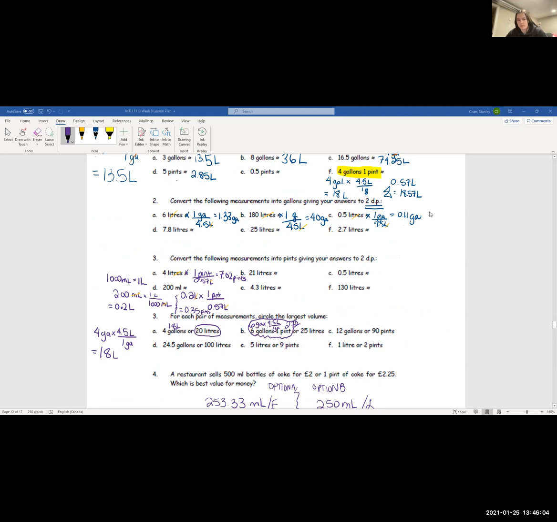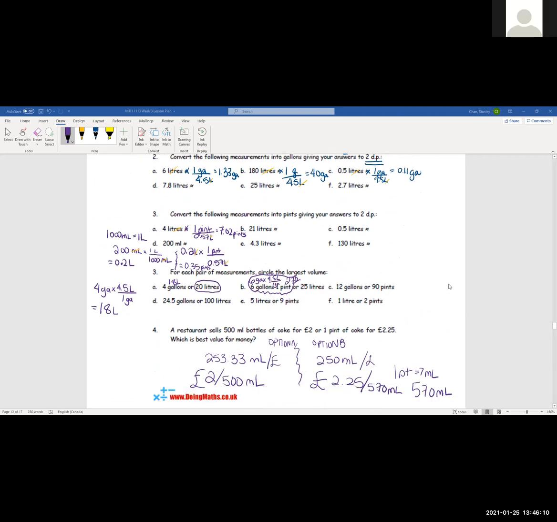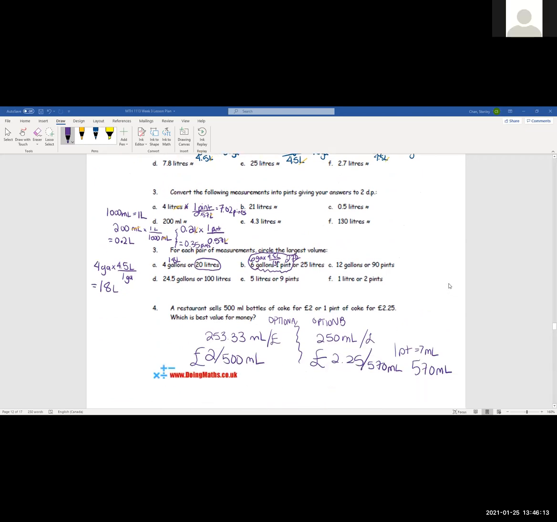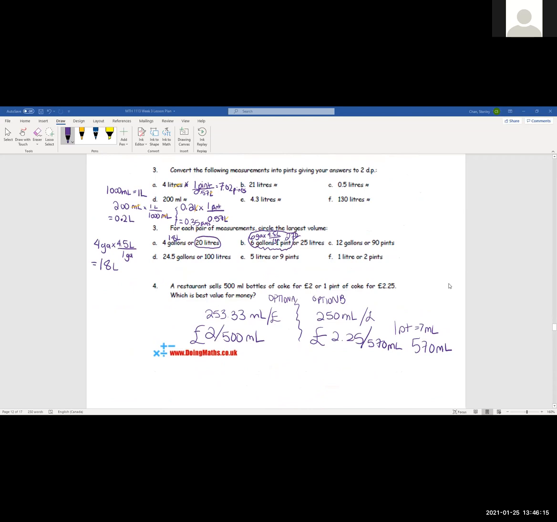Okay, and then I think there was a second person that said that they did a different way. Yeah, I converted milliliters into liters, where it's easier to go that way, and then I divided it by 2 euros and then 2.25 at the end. So it basically gave me the same answers.